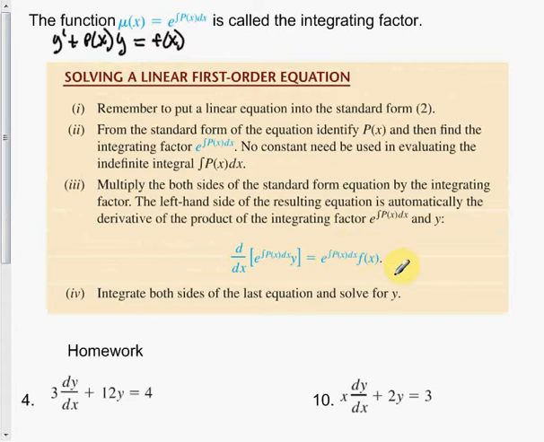What you're going to do now is integrate both sides. The integral of the left side is, according to the fundamental theorem of calculus, the function that the derivative is being applied on. So it's just simply the inside. Here, the fourth step says integrate both sides.